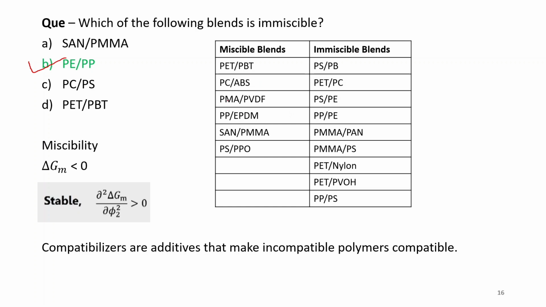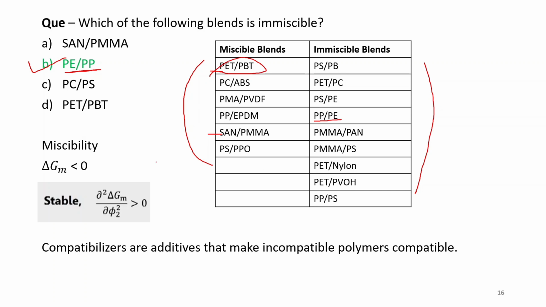SAN and PMMA is given there as miscible, and on the right hand side is the immiscible column. Here PE and PP are immiscible, so option B is immiscible. And C, PC and PS, these are miscible blends, and PET and PBT is also miscible. So option B is immiscible.